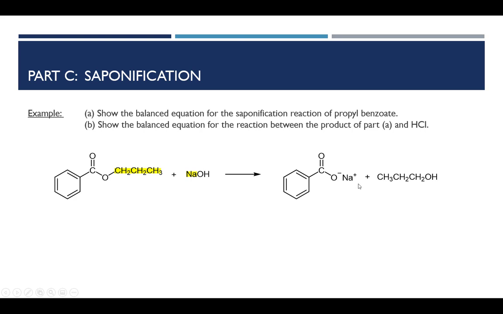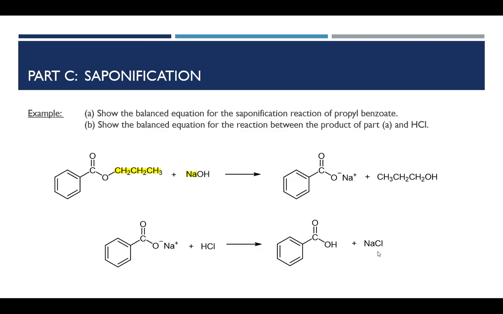So this is very likely to be soluble. If I take that compound and add the strong acid hydrochloric acid, that converts it back to benzoic acid. Recall in part A we saw that benzoic acid was insoluble in water, so we would suddenly expect to see a precipitate formed. We also here have sodium chloride, which in water we know to be soluble.